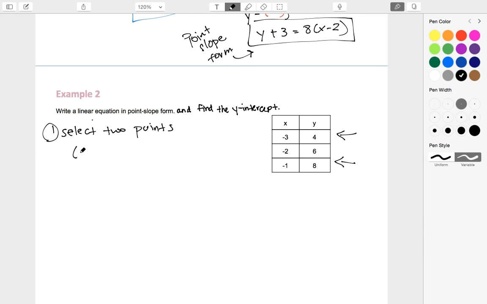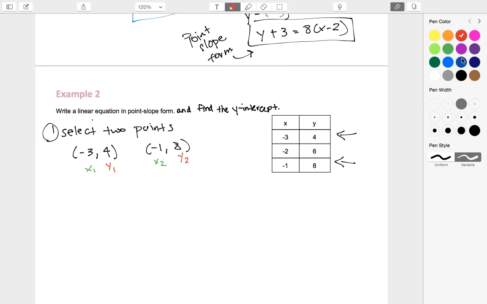So I'm going to write those over here, -3, 4, and -1 and 8. And since we selected those points, it's always good to go ahead and identify your x1s and x2s. So we'll have x1 here. This is my x2. And this is my y1 and my y2.